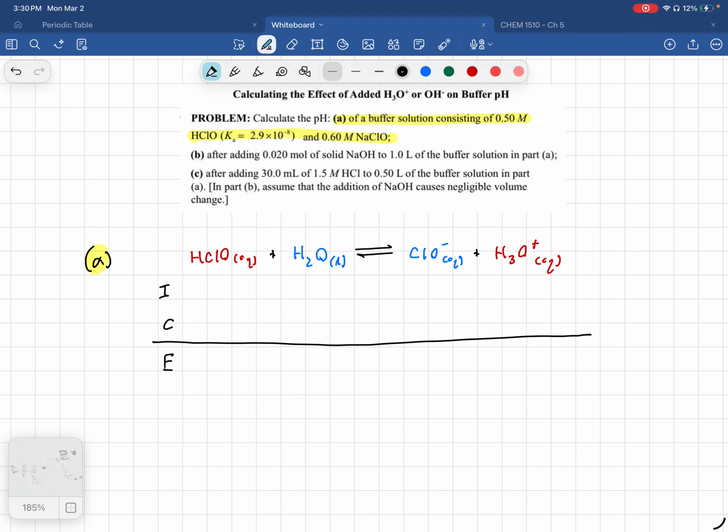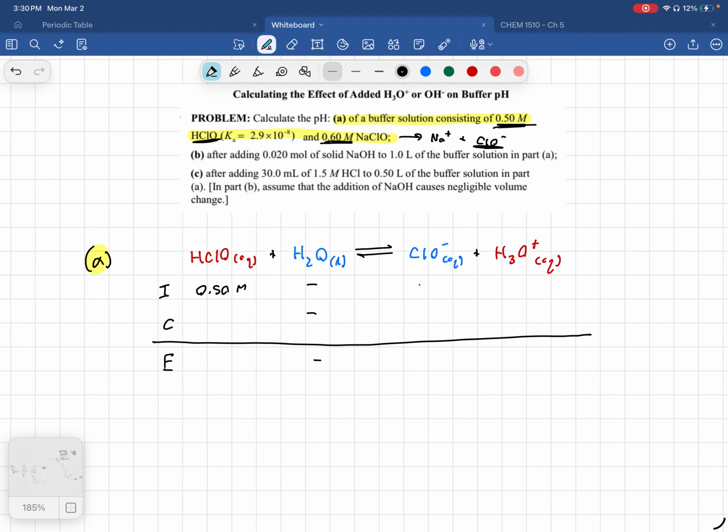So let's plug in our values. Concentration here is 0.50 moles per liter, shown right here. Water, of course, we ignore. For ClO minus, each equivalent of sodium hypochlorite that dissolves forms 1 mole of Na plus and 1 mole of ClO minus. So really, that 0.60 moles per liter of sodium hypochlorite is just 0.60 moles per liter of hypochlorite, the ion, because the sodium doesn't matter.